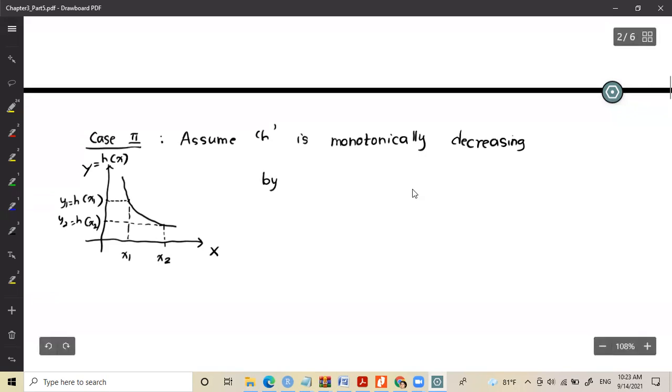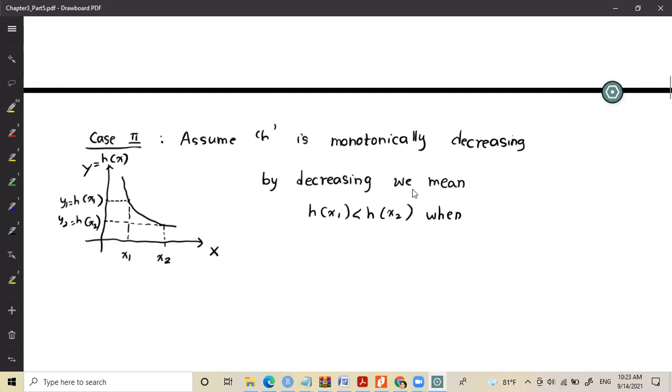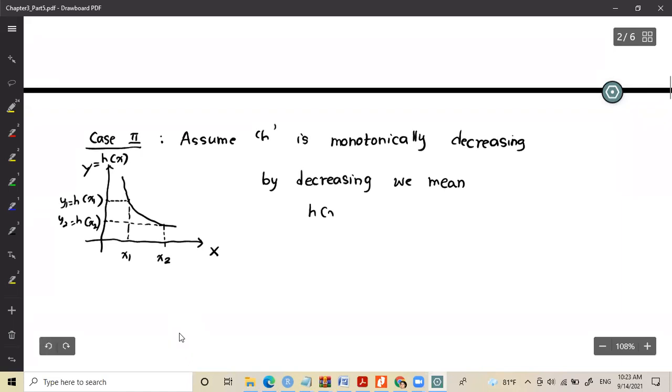So you can note it down. By decreasing, we mean h(x1) is greater than h(x2) when x1 is less than x2.